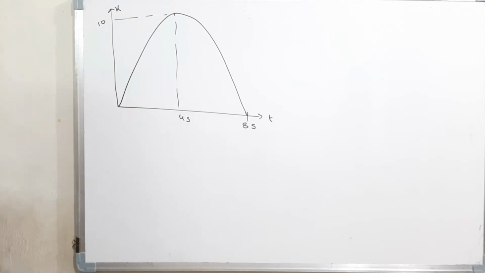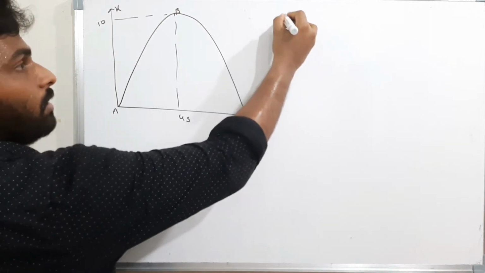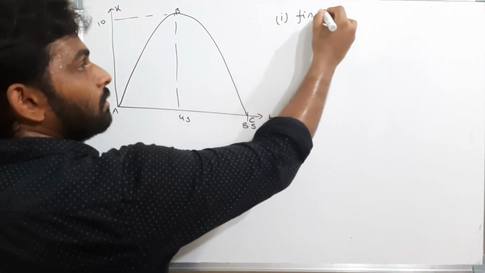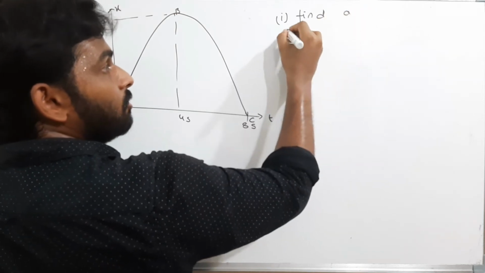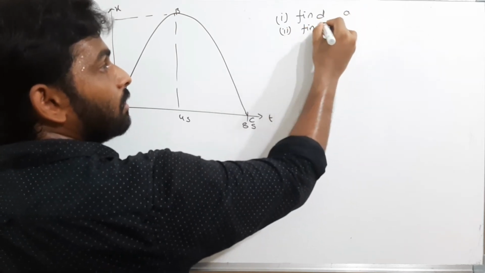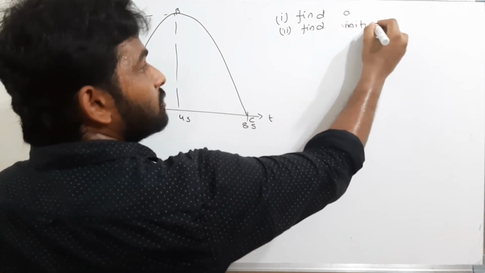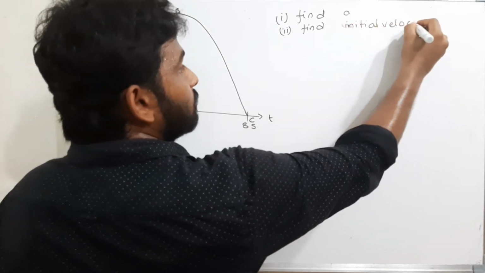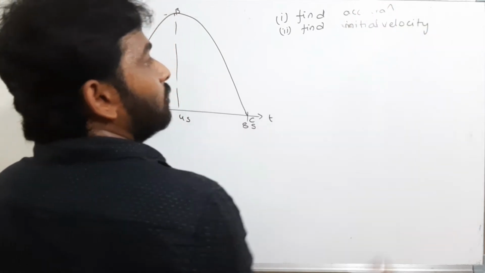Now they told us to find A, B, C. They told us to find the acceleration and they told us to find the initial velocity.